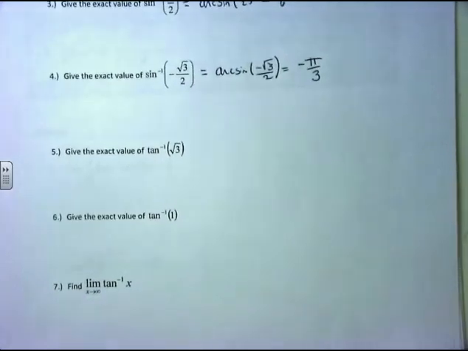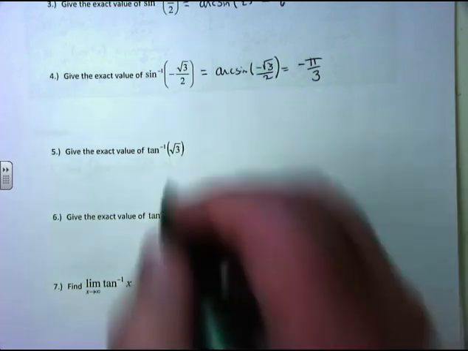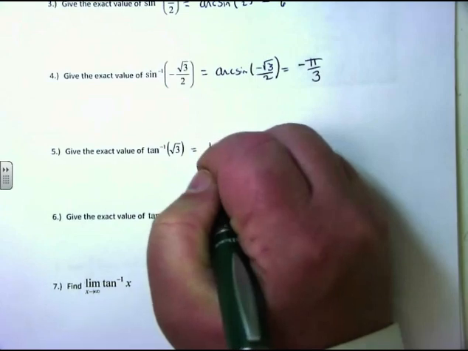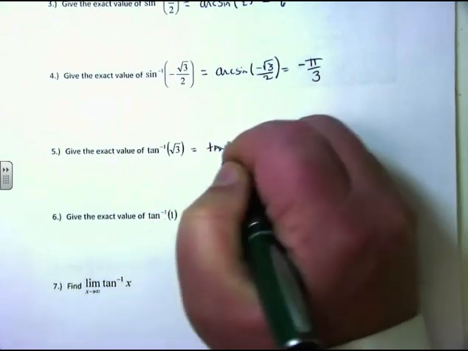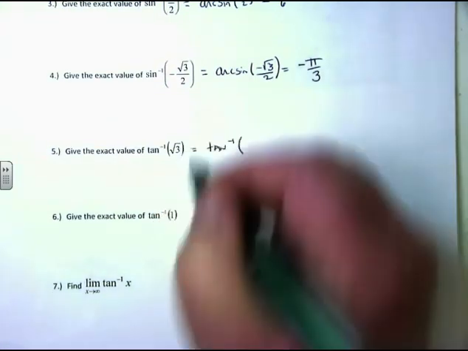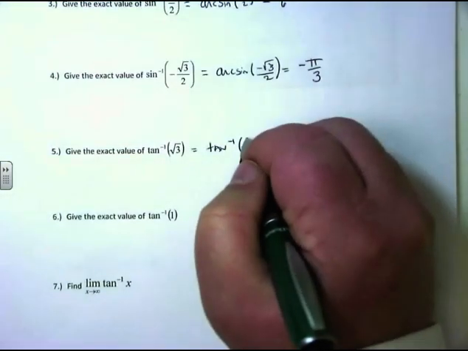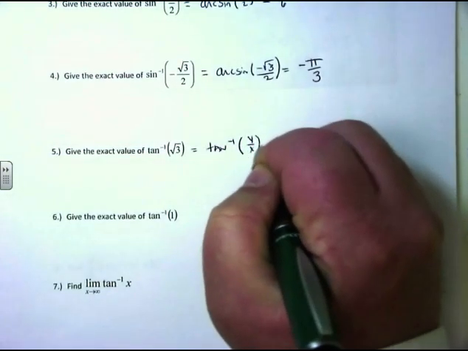What about this one? Give the exact value of the tangent inverse of the square root of 3. Now we're talking about these exact values, so you should be familiar with these, the ones and zeros, square root of 3/2s and 1/2s and the like. So for the tangent inverse, or arc tangent, if you will, of the square root of 3, remember, it's the y over the x. So I'm trying to use these exact values.